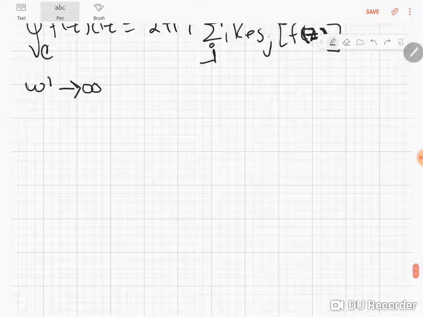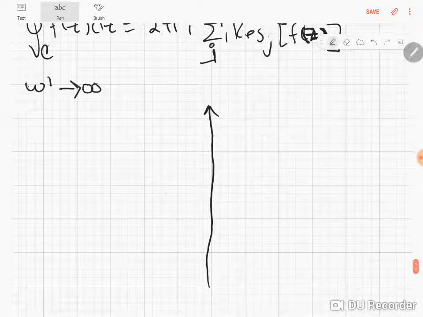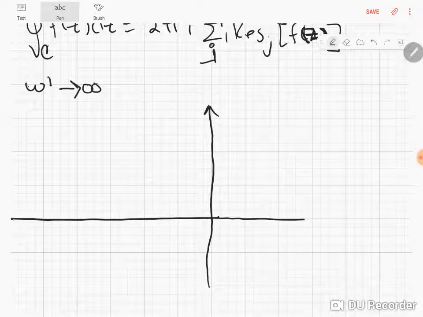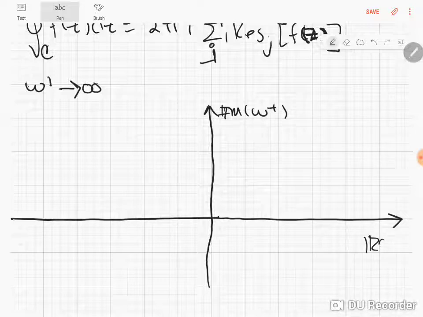So for that purpose, I'm going to try to draw a contour in the plane omega, in such a way that we have imaginary part of omega plus, real part of omega plus, and then we're going to evaluate the integral that is of interest to us in this contour.